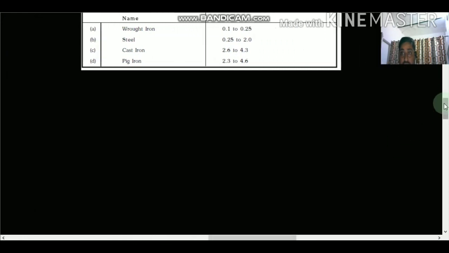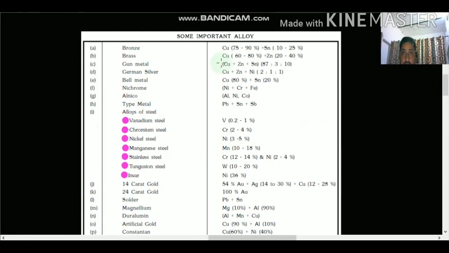Now here we'll see some examples. Some important alloys are there, and some of them you are familiar with. Bronze, that is being used for medals and making utensils. Brass: copper 60 to 80% and zinc 20 to 40%.